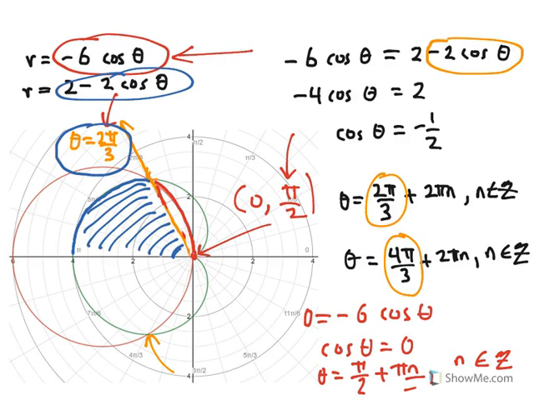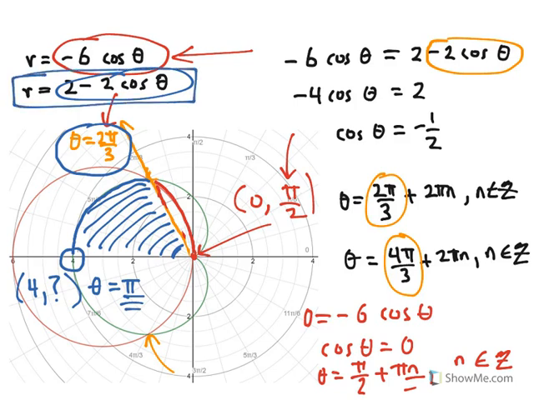If you wanted to know that the other radial line should be theta is equal to pi, we can see that from our visual observation, but you will also notice that there is this point on the polar curve with polar coordinates 4, and if you wanted to verify that theta was in fact pi, you could set this polar equation equal to 4 and solve for theta.